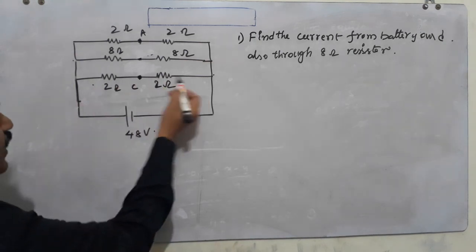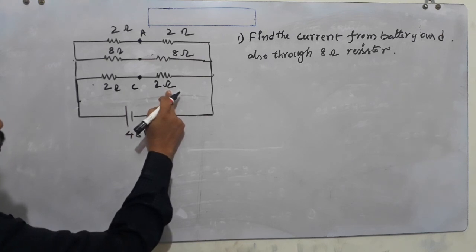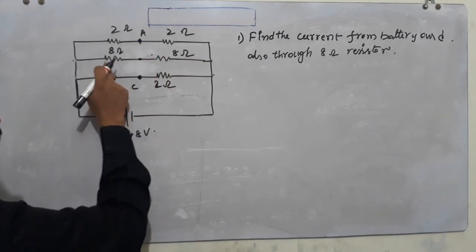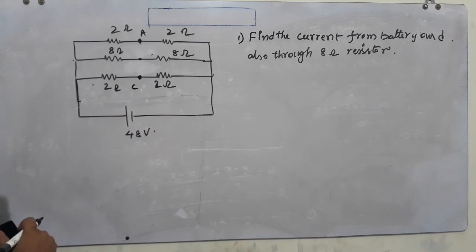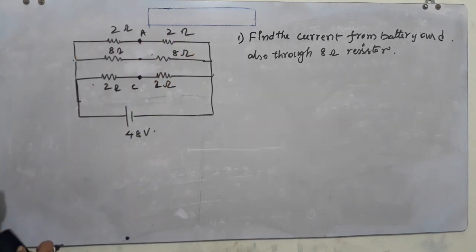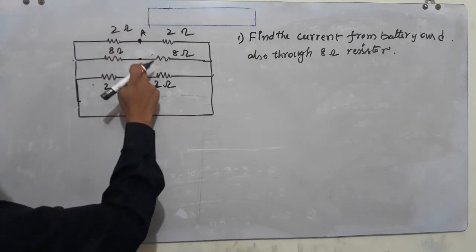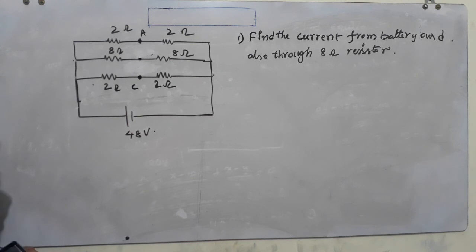See, in this part, what is the total resistance? 2 plus 2, 4 ohm. In this part, 8 plus 8, 16 ohm. And in this part, 2 plus 2, 4 ohm. So 4 ohm, 16 ohm and 4 ohm are connected in parallel to each other.